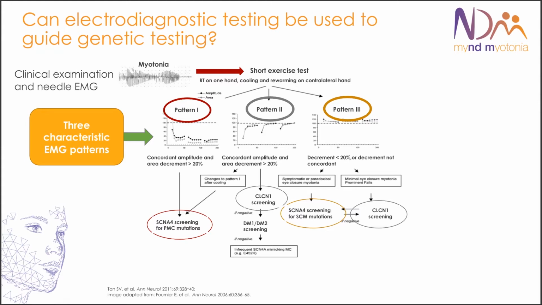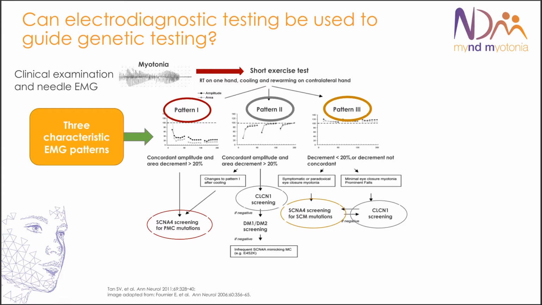Later during this webinar, you will see a video clip about the myotonic discharge, but very important is the short exercise test, performed at room temperature in one hand and with cooling and rewarming on the contralateral hand.